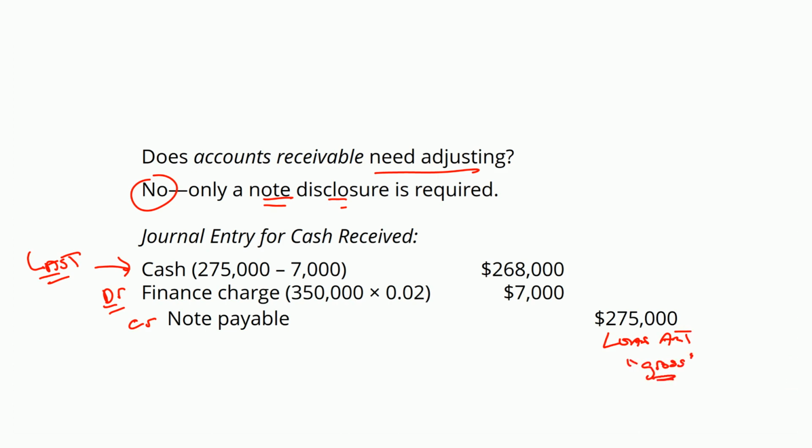We didn't borrow $350,000. We borrowed $275,000, but pledged $350,000 as collateral. The finance charge was 2% of the accounts receivable that we pledged. And then we back into the $268,000: the $275,000 loan minus the finance charge, there's our net proceeds. So that is a collateralized loan.